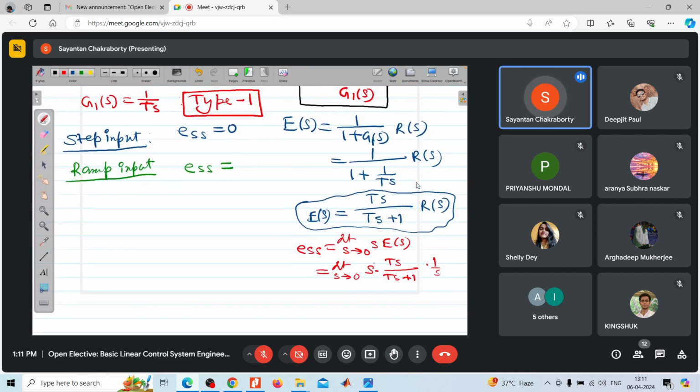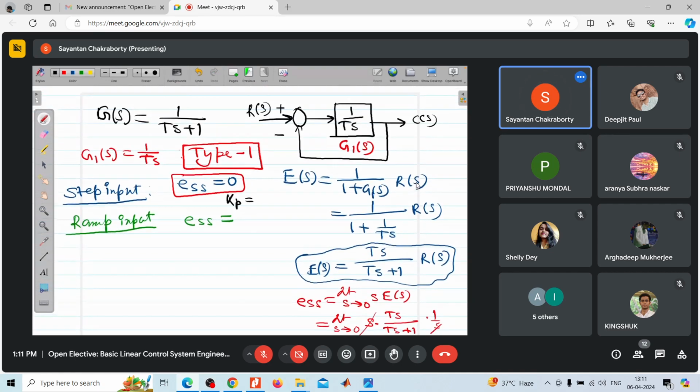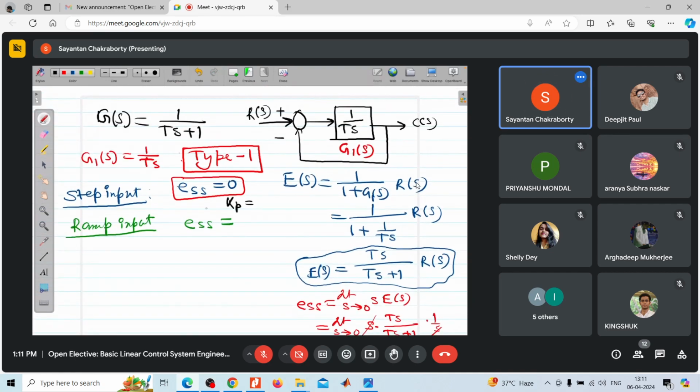Right? So you just cancel out. This still remains 0. Now what about Kp here? If we calculate, what is Kp? Kp is limit s tends to 0, G1(s).